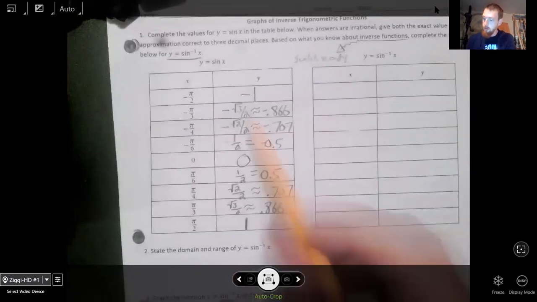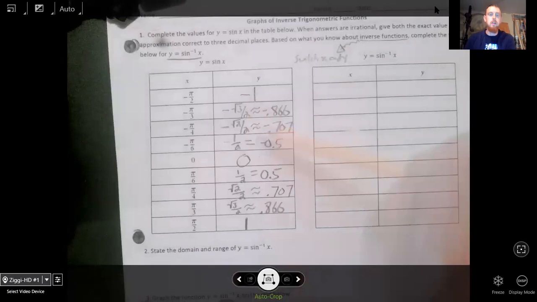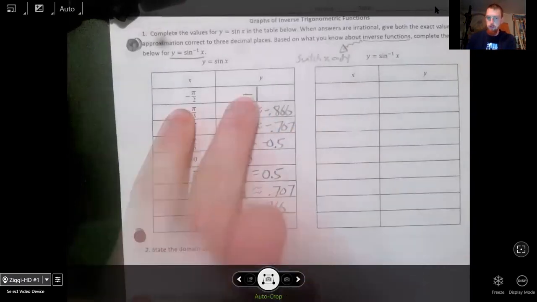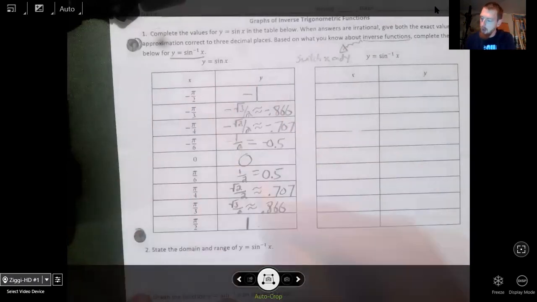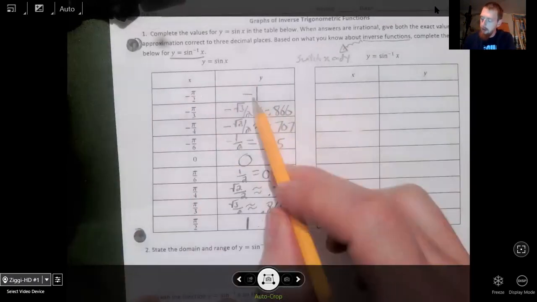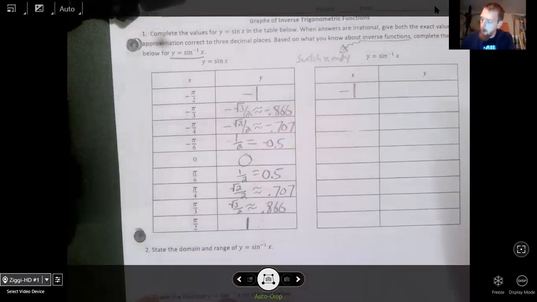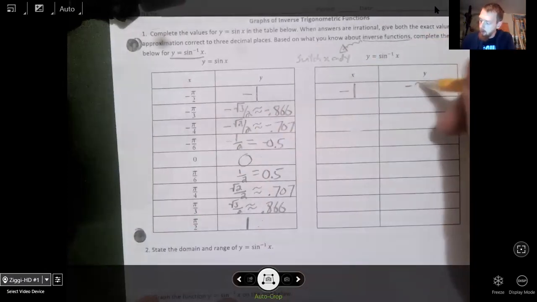So we're going to take each of these ordered pairs in this parent function table. We're going to reverse them. Reverse, reverse. So our original y value is -1. The x value here is going to be -1. The y value is going to be negative pi over 2.